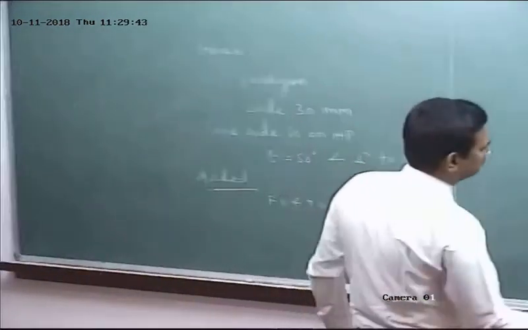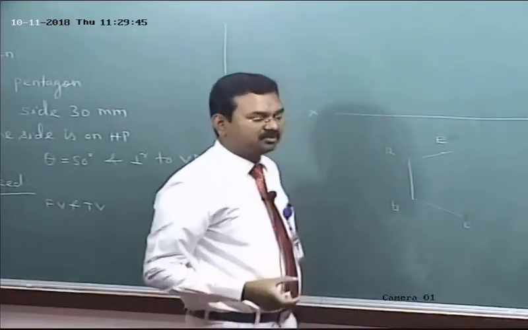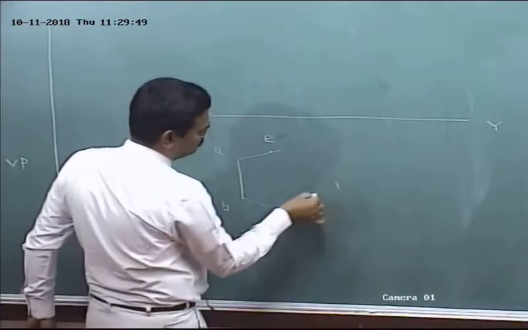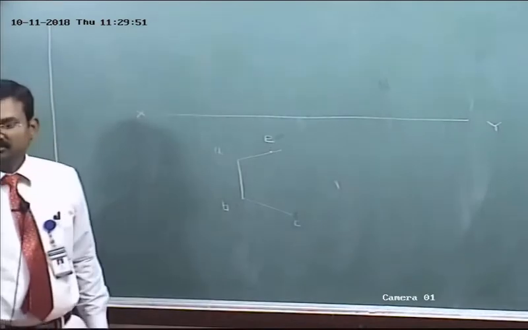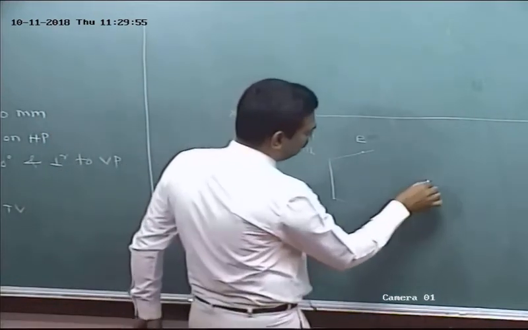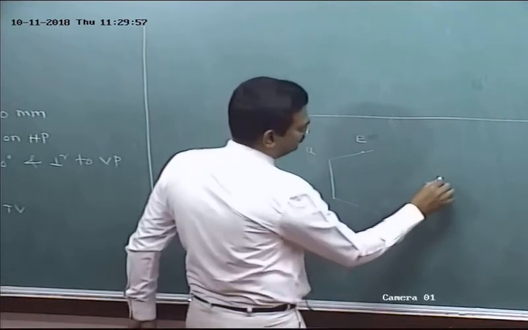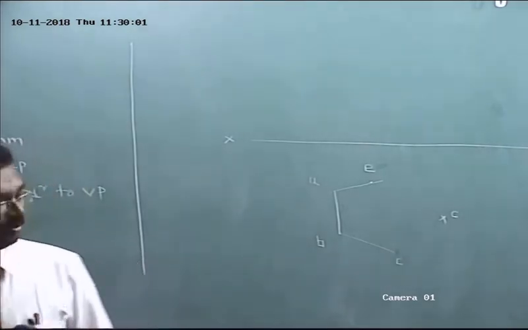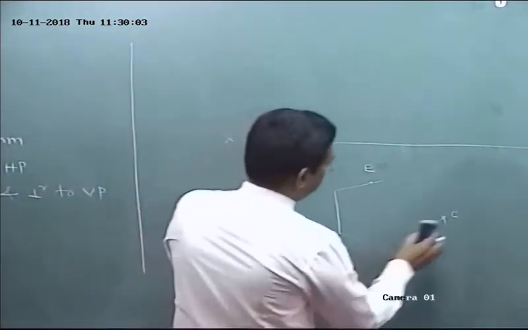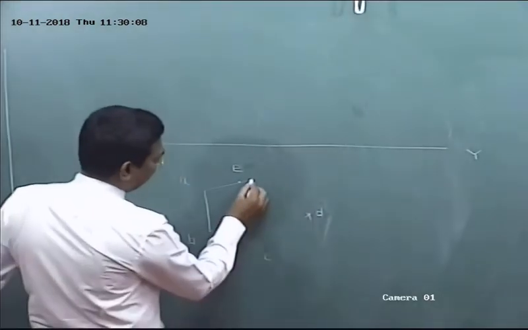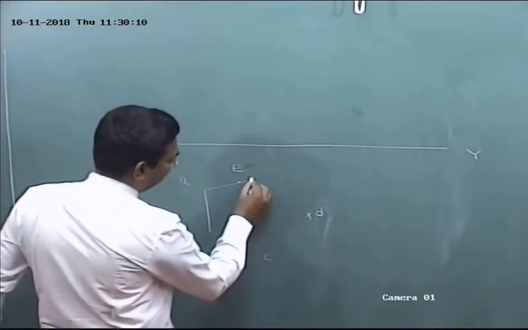And what about next? By using a compass, take C as center, 30 mm as radius, draw an arc. Similarly, take E as center, the side length of the pentagon, 30 mm as radius, and draw an arc. These two arcs intersect at the point D. Now join all the points, CD and DE.